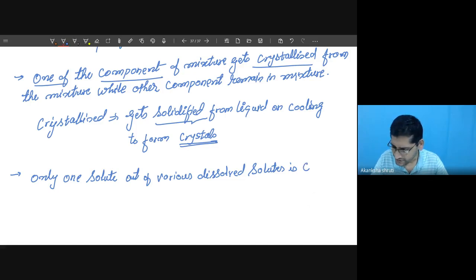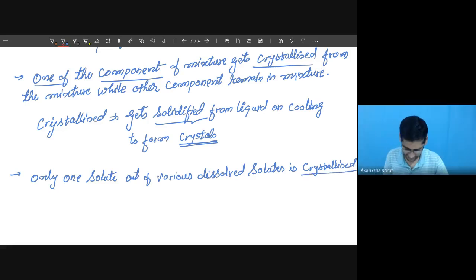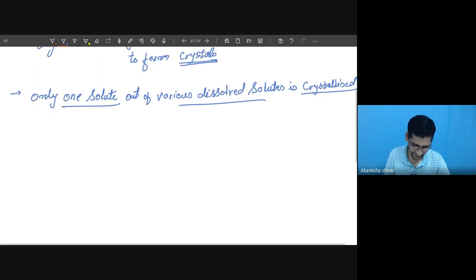Crystallized means converted into solid on cooling. So only one has to be crystallized while the others remain in the solution.